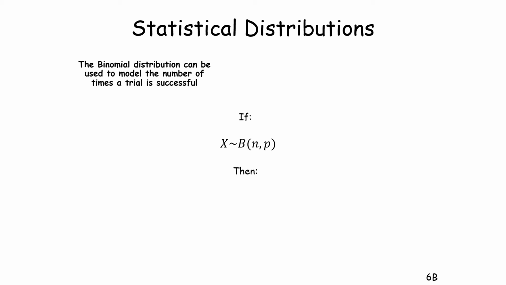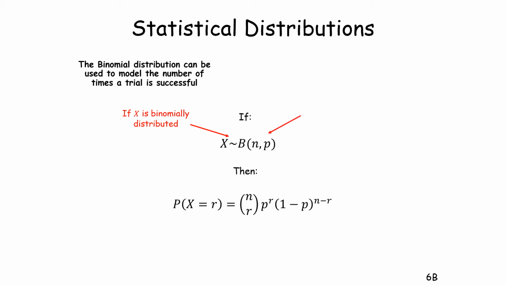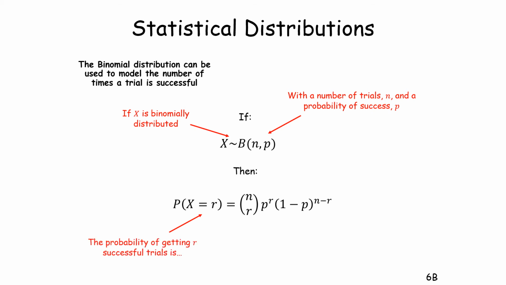So if we have X approximates to binomial, number of trials n and then p. Okay, so X is binomially distributed, that's what this bit is saying, with number of trials n, and probability of success p. Then if we have probability X equals r, this is saying what is the probability of getting r successes?